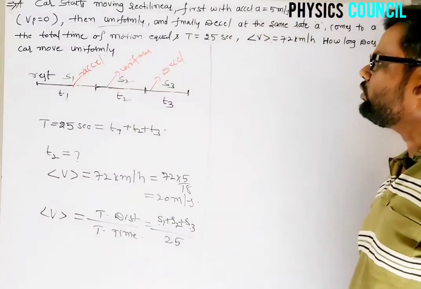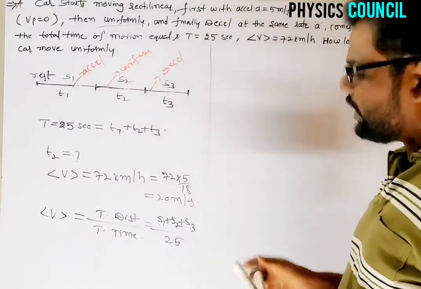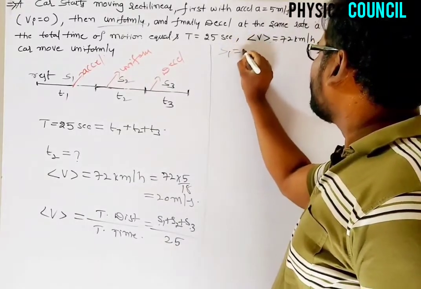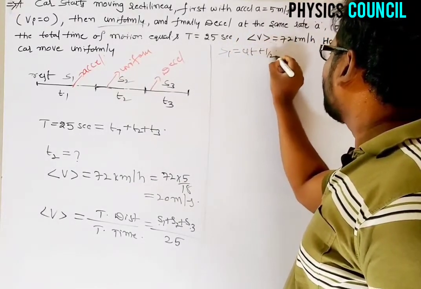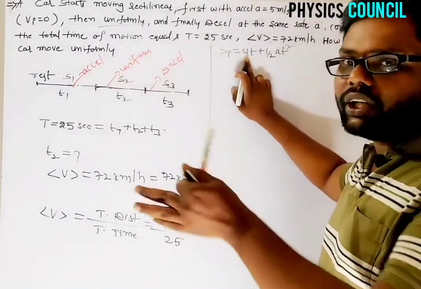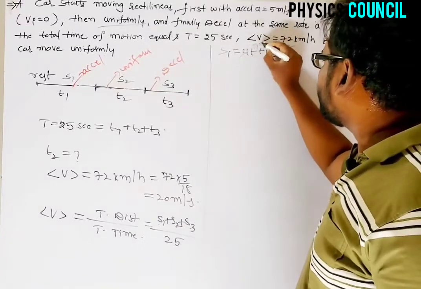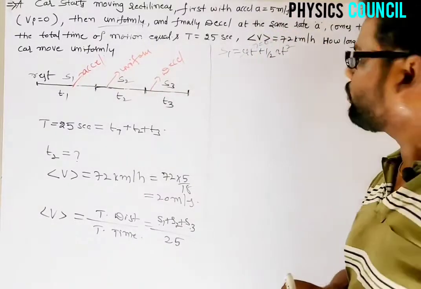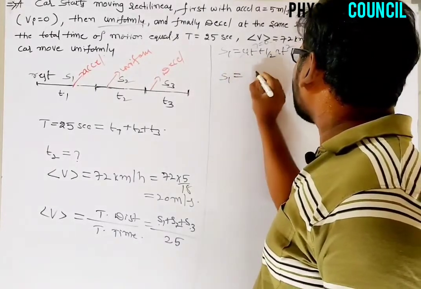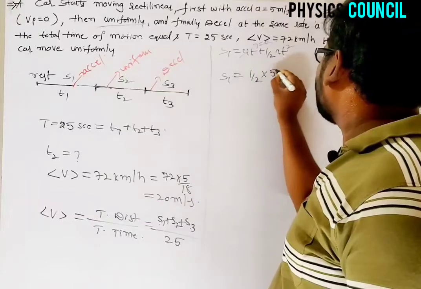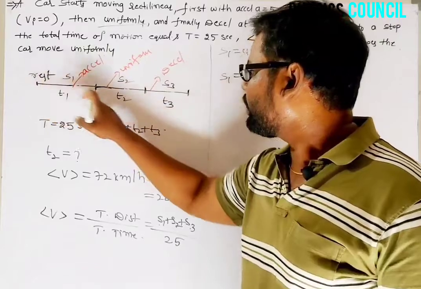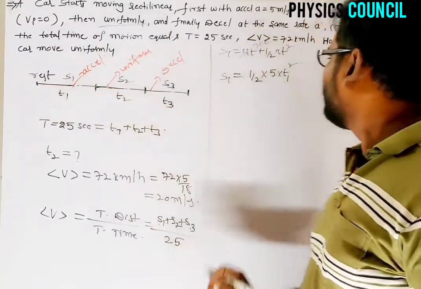In the case of accelerating motion, s1 equals ut plus half at square, and here the initial velocity u of the car is 0, so this term is going to be 0. Now s1 equals half into 5 into t1 square, from here to here, that is t1.